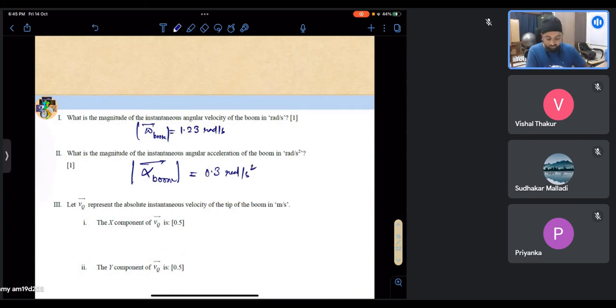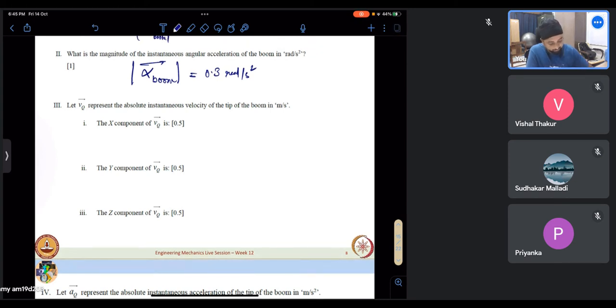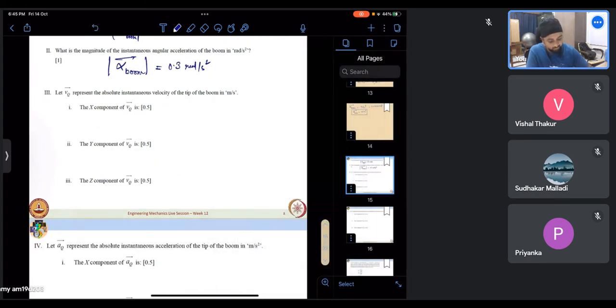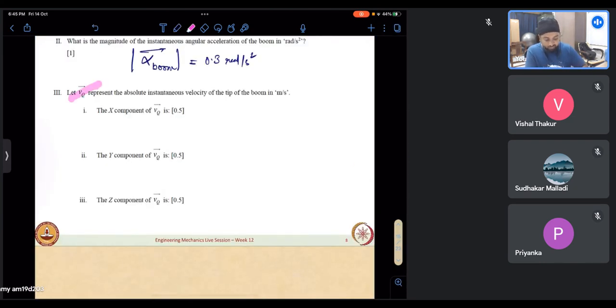Now it is just a matter of extrapolation. We have already seen our rotating axis. So when we are rotating with an axis, if we are able to observe VREL, that also we need to account for. If we are accounting for AREL, we need to account for that in the Coriolis acceleration. So VQ is what is asked. VQ has been asked here.